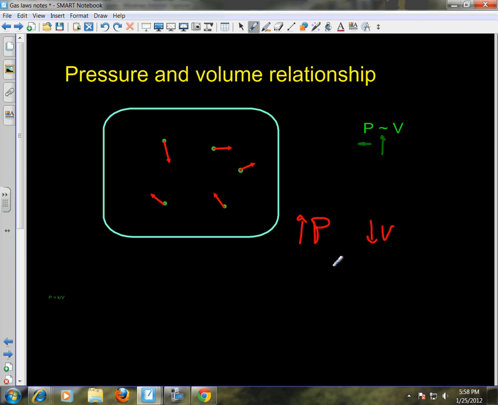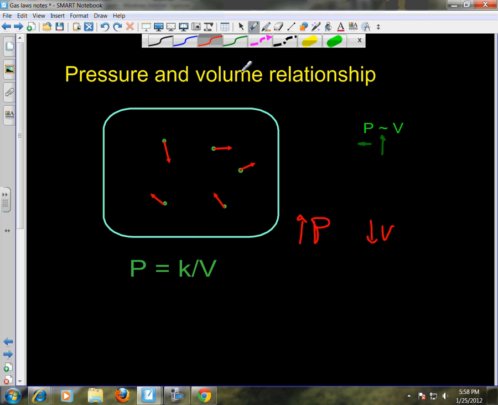Those two are inversely related. An equation for inverses that you might see in mathematics would look like this: pressure is equal to some constant divided by the volume.